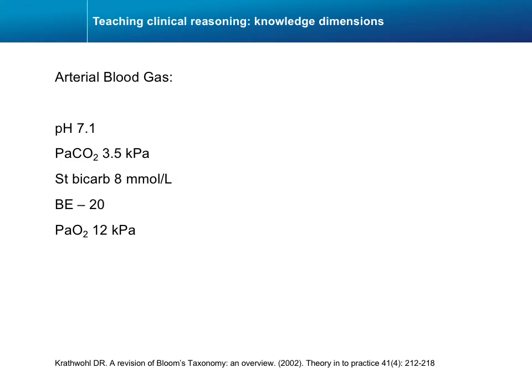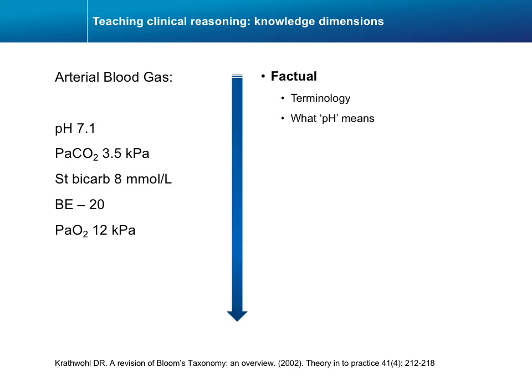So here's an arterial blood gas result. And to be able to understand what this even means, you need factual knowledge. You need to know what pH means. What is the partial pressure of CO2 and the partial pressure of oxygen?